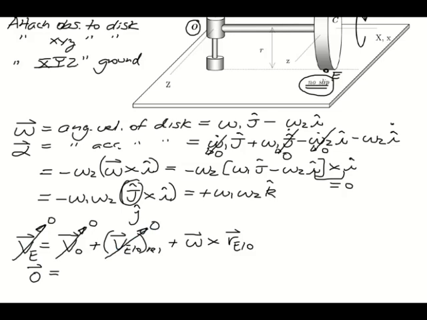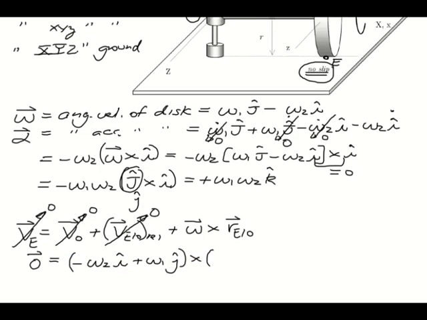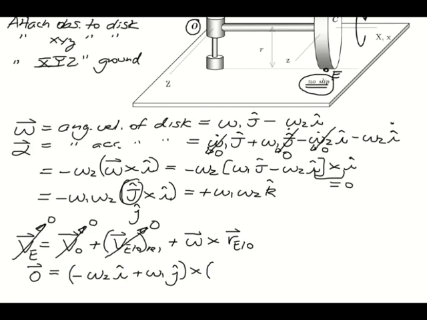So what we have here is omega, which is minus omega 2 i plus omega 1 j, crossed with a vector from O to E. Well, O to E, we need to go in x a distance of big R, like this, and in y it's a minus r, lowercase r, j.